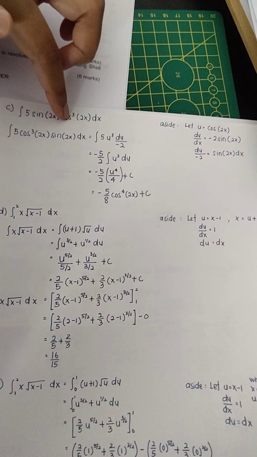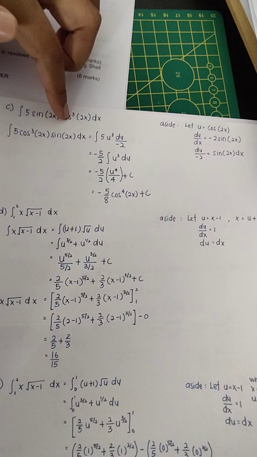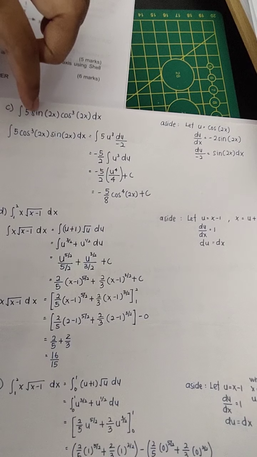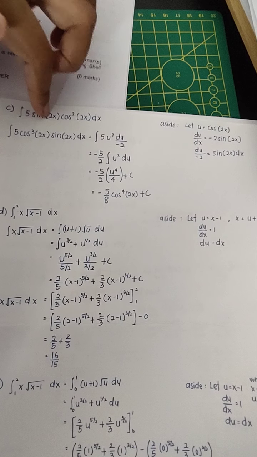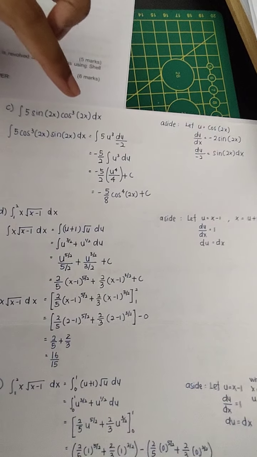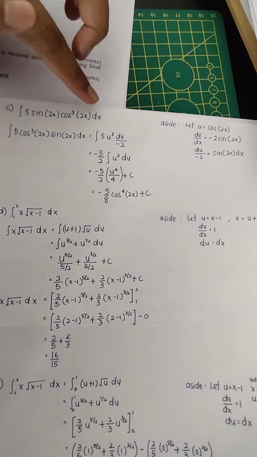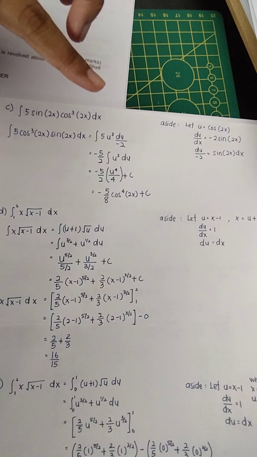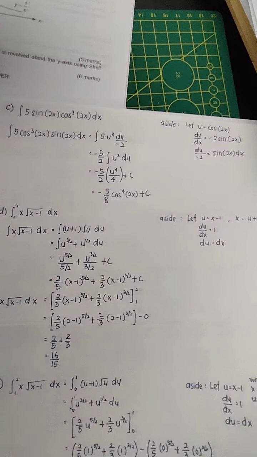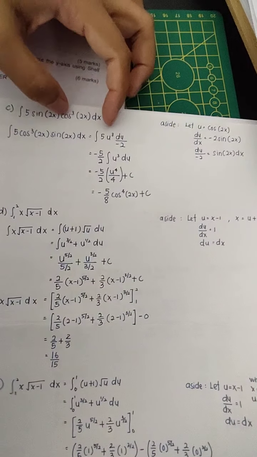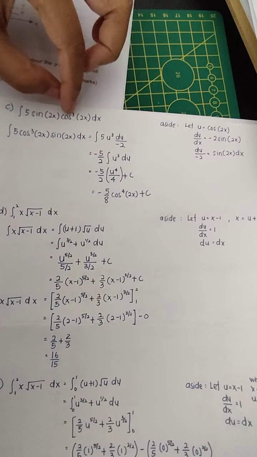Okay, so bila awak let u sebagai sin 2x, awak akan dapat du equal to 2 cos 2x dx. Okay. Which is, yang ini memanglah ada cos 2x dx tapi power 3.